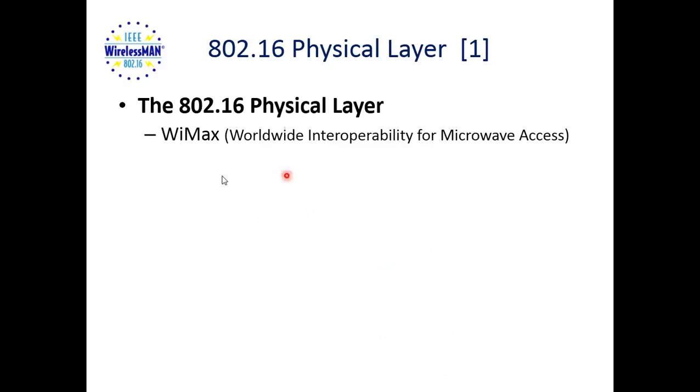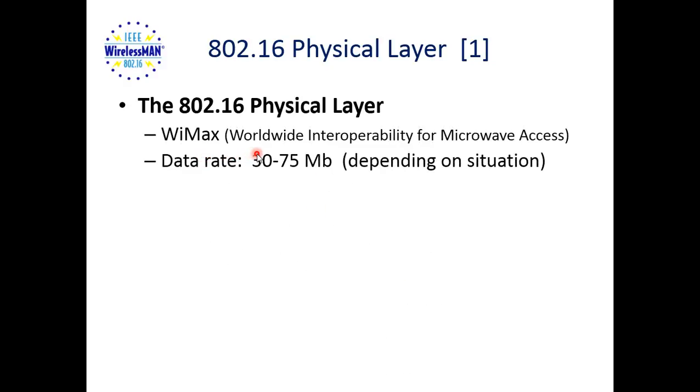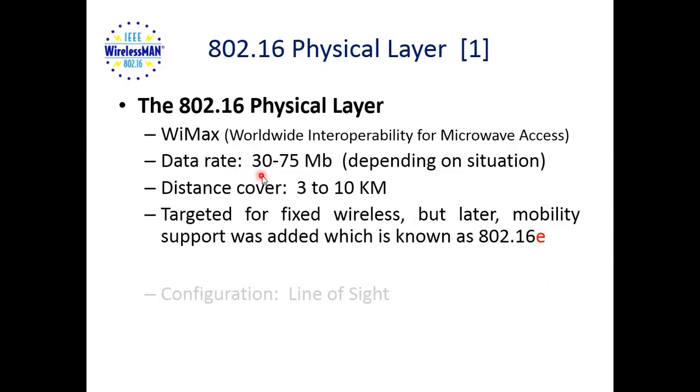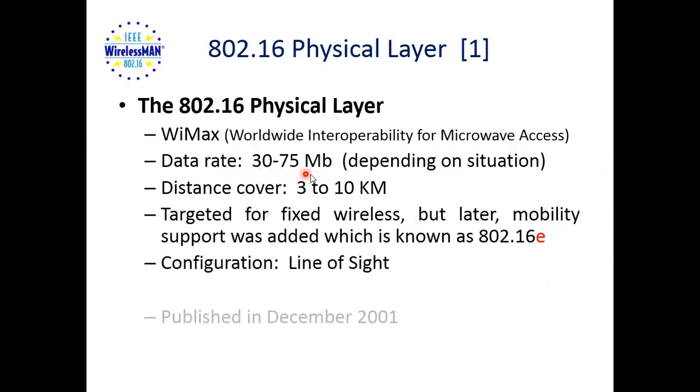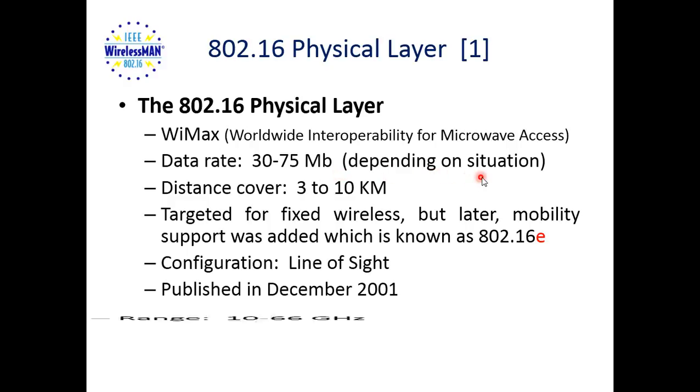Now let us see WiMAX. It is also called WiMAX, which is its full form, and the data rate it provides is 30 to 75 Mbps, depending on the situation and environmental effects. It covers a distance of 3 to 10 kilometers, depending on the situation.